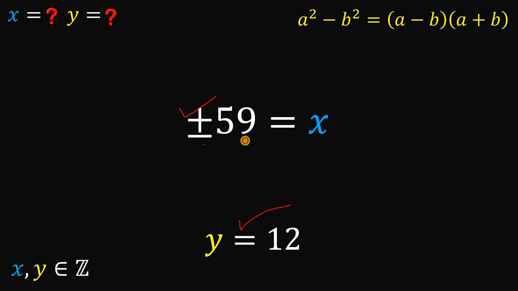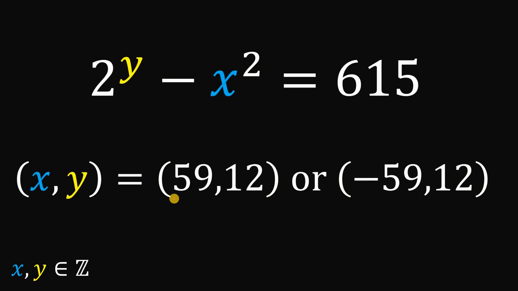And when x is negative 59, y is also equal to 12. So we have two possible solutions: when x is 59, y must be 12, or when x is negative 59, y is also 12. And that is our answer. And as always, we are done.